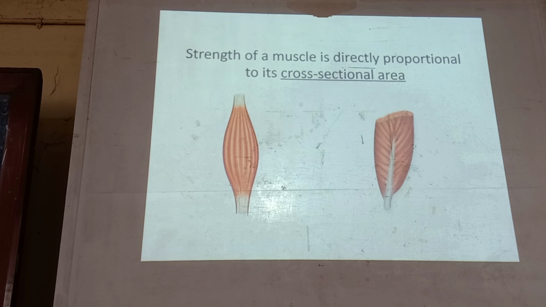So when you are taking a cross-section area of pinnate muscle, don't just take a blade, cut through and look at the surface area. That's not the correct answer. You have to bring every fiber to a single plane and then take the cross-sectional area. That's why pinnate muscles are extremely powerful compared to a corresponding size parallel muscle or a fusiform muscle.